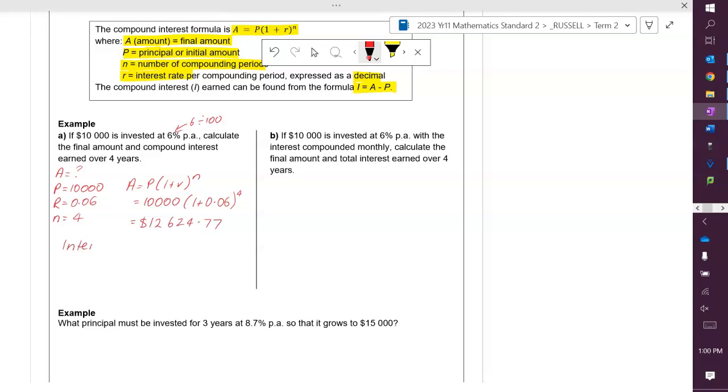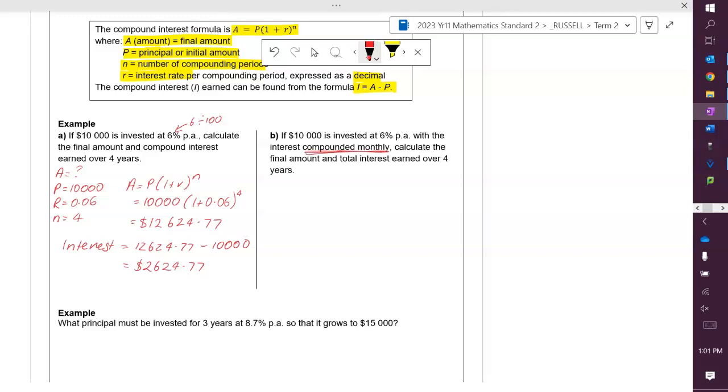But the interest that I've earned is that amount minus what I started with, which is what I put into that account. So I've earned $2,624.77.